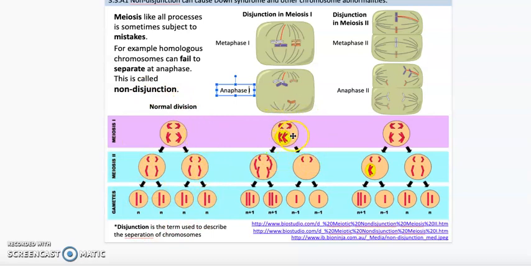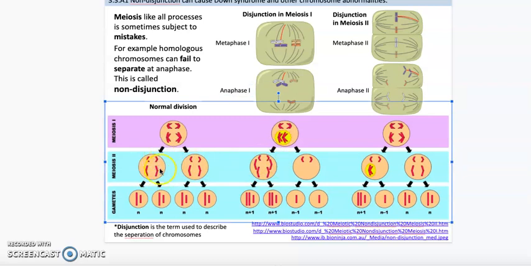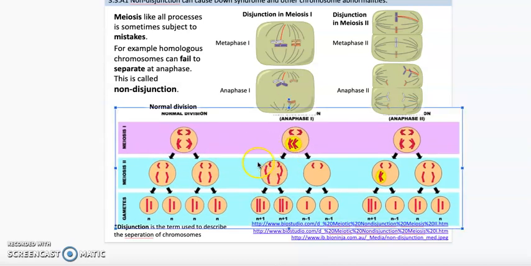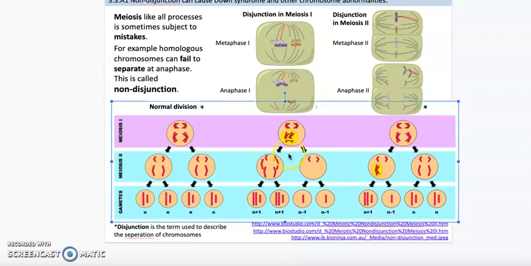This is what happens if non-disjunction happens. Non-disjunction is the improper separating of either the homologous chromosomes in meiosis 1, as is happening right here, and we end up with how many over here instead of just 1, 2, 3, 4 chromosomes? We do end up with 6 chromosomes actually in meiosis 2, right over here.